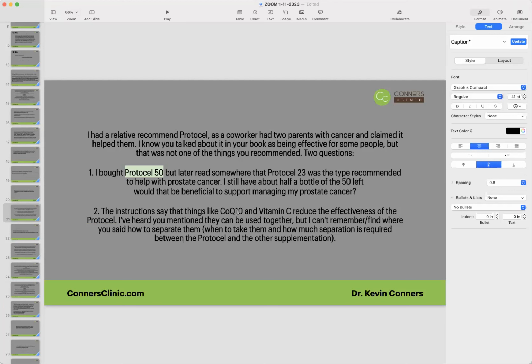So CoQ10, vitamin C, alpha lipoic acid, glutathione, glutathione precursors, all those things are antioxidants. You'd either go off of those for a period of time while you're doing a Protocell protocol, or you have to take them between doses of Protocell.